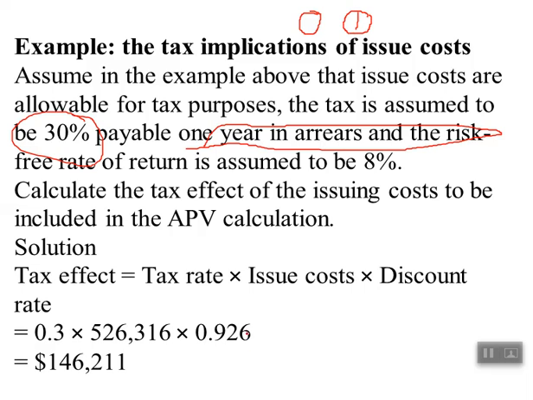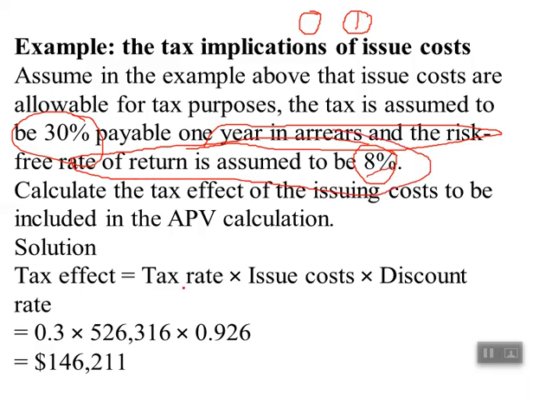So in this case, we have been given a risk-free rate. So it means we are supposed to discount our issue cost, or our saving on issue cost, using a risk-free rate of 8%.